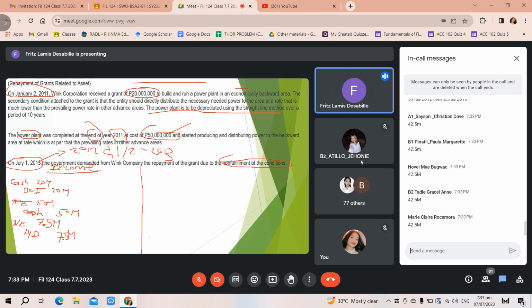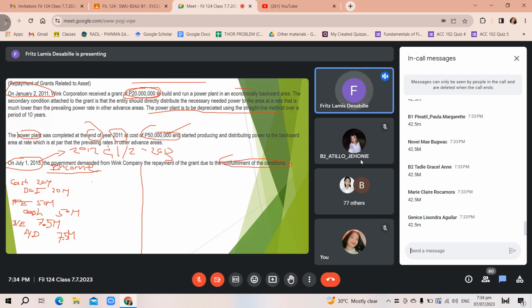Now, another entry that we have to do: on July 1, 2013, the government demanded the repayment of the grant. So this 20 million that the government gave us in 2011, sorry, I missed something. We need to recognize the deferred grant income.